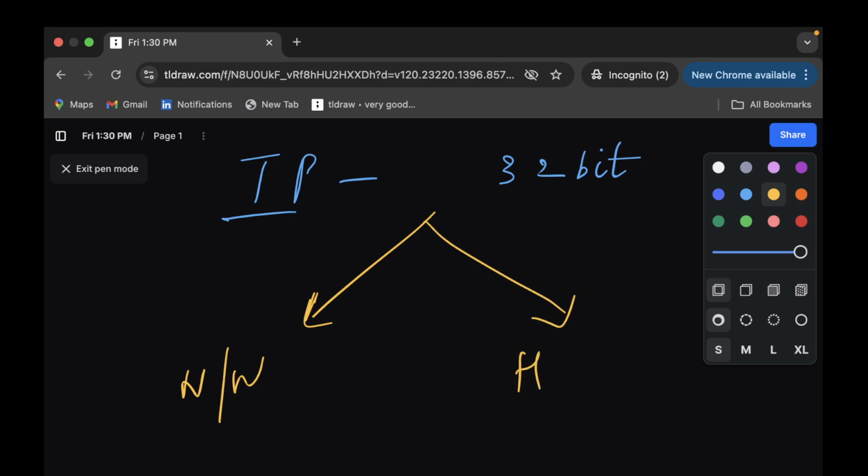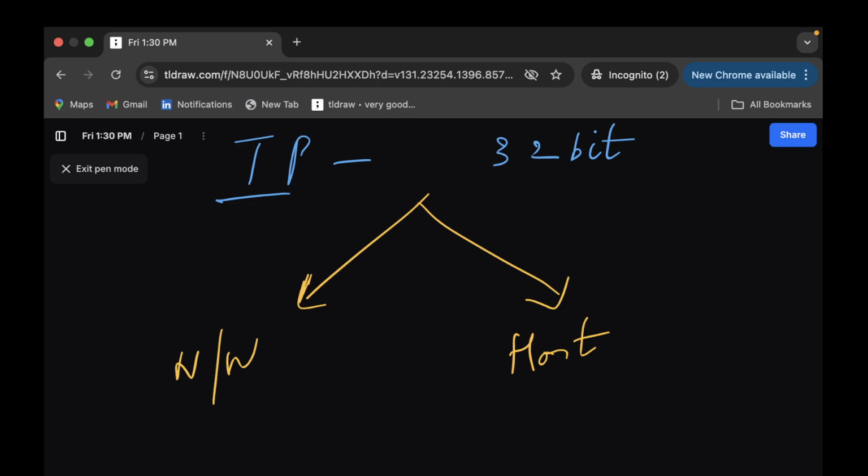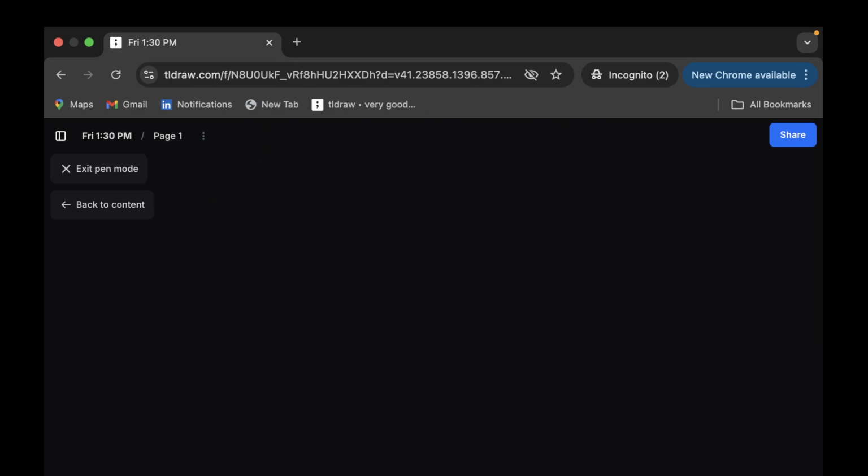Now, for example, when I have an IP address, say 192.168.0.1.0, right?